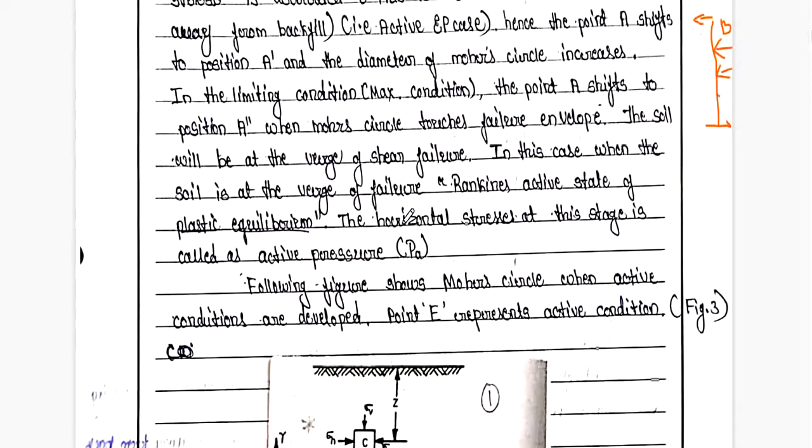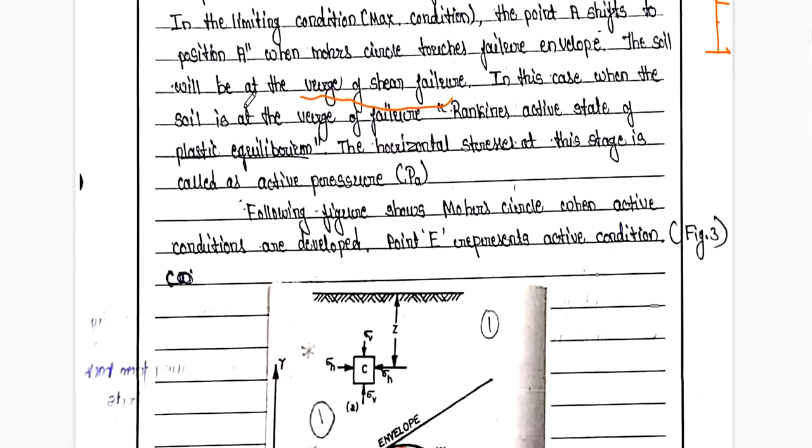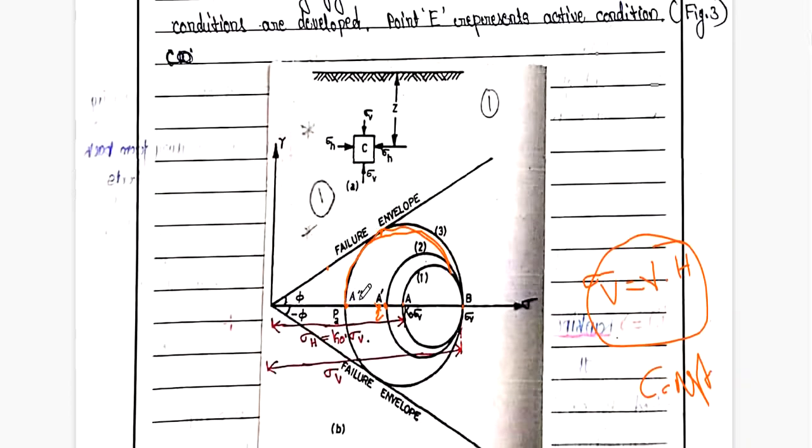Once it touches the maximum, at that point it is at the verge of shear failure. So in this case, when the soil is at the verge of failure, Rankine's active state of plastic equilibrium has been reached. A double dash is the point at which the soil is at the verge of failure.